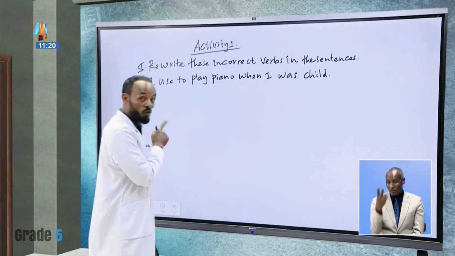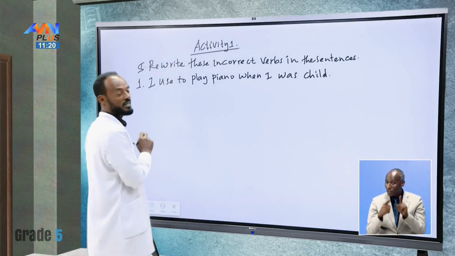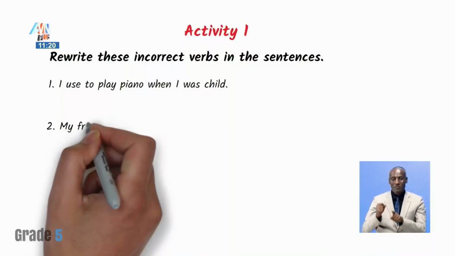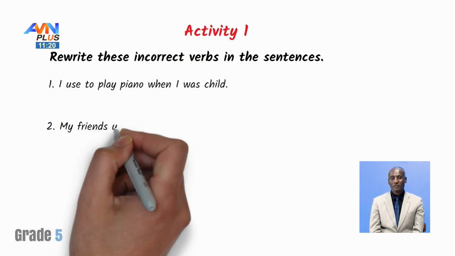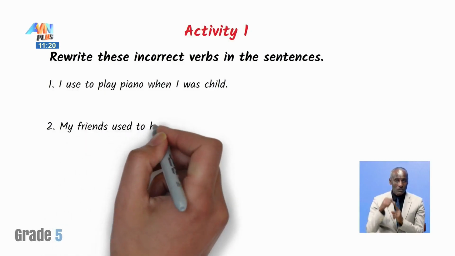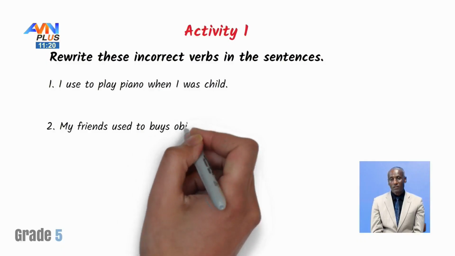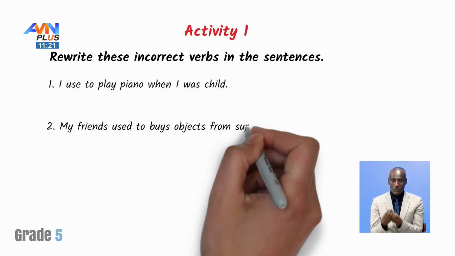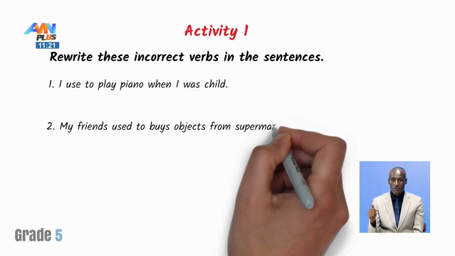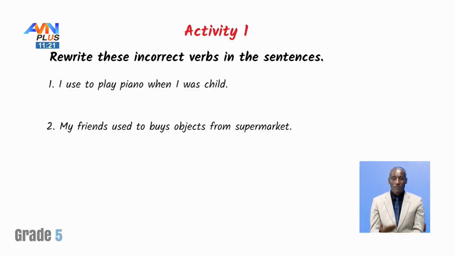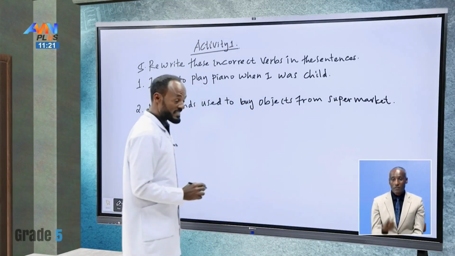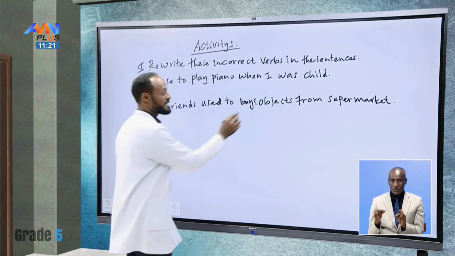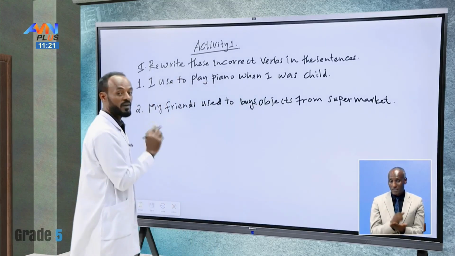Look, something is wrong here. You have to identify which one is wrong. Number 2: My friends used to buy objects from the supermarket. Look, in this sentence, it says he used to buys. Something is wrong, so you have to identify that.